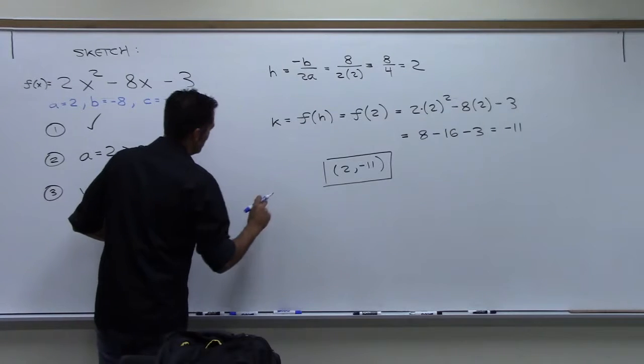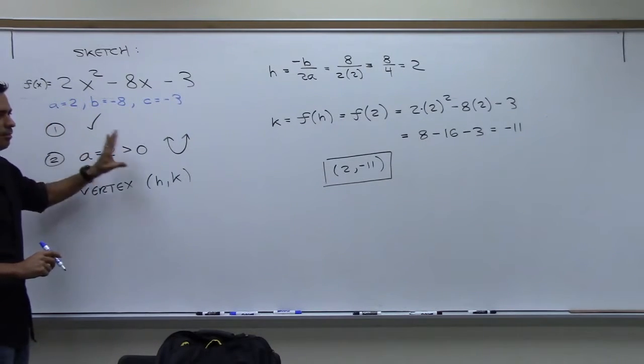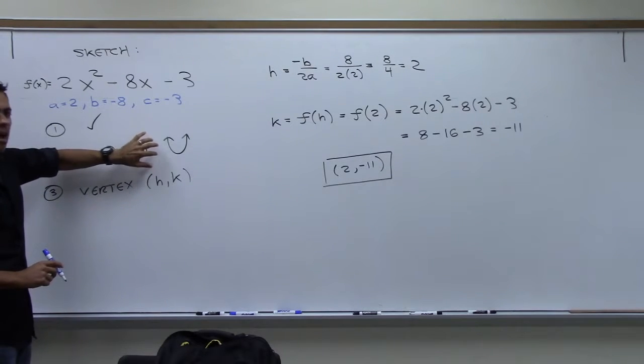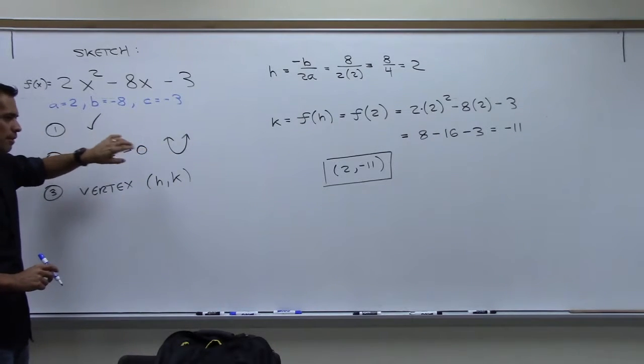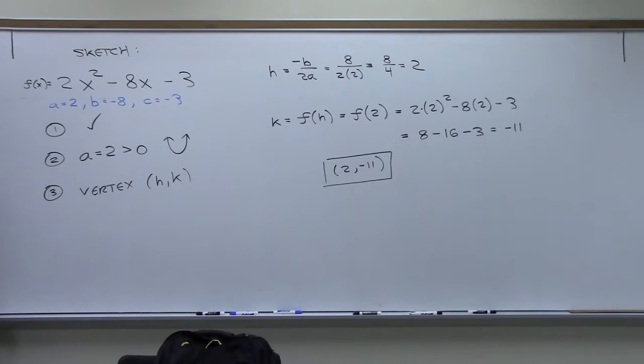2, -11 is going to be where on this picture? On that graph, where is that going to be? 2, -11. It's a point on our graph, right? It's our vertex. So where is it? Any ideas? No? Anybody? Say it in words, just tell me in layman's terms.